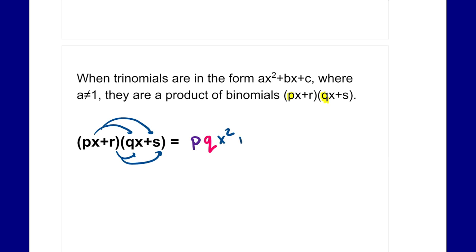And then we're going to have p times s with an x, plus q times r with an x. And then finally, plus r times s.